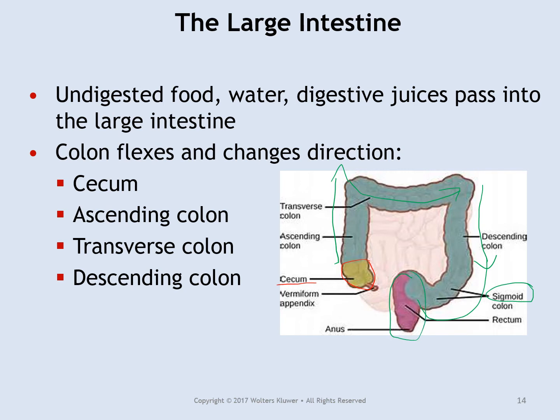You probably saw hanging off of the cecum this little guy right here, the vermiform appendix. Vermi, as you see in vermiform, means worm. So this is the worm-shaped appendix. The appendix is fun. There's a lot of bickering about what the actual function of the appendix is.